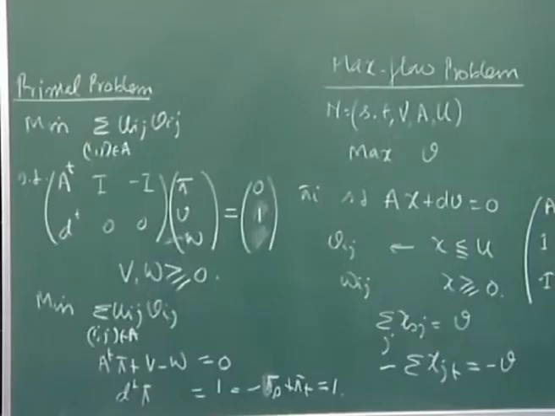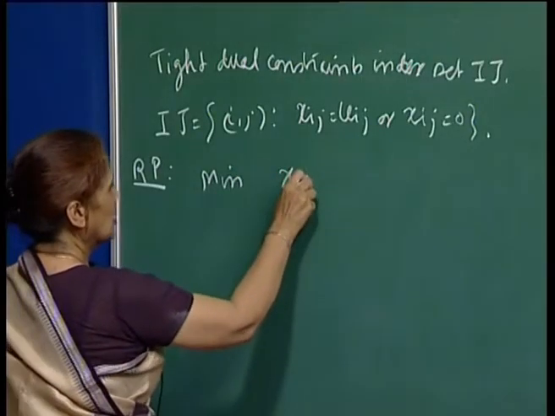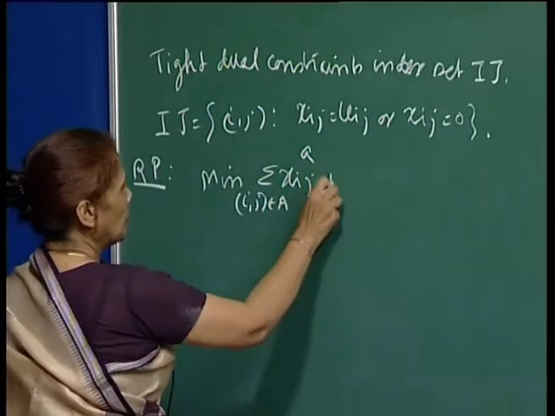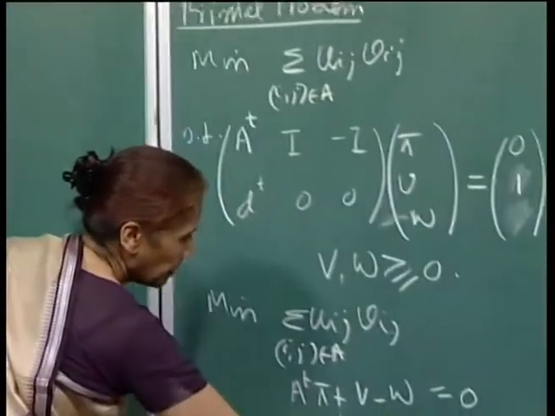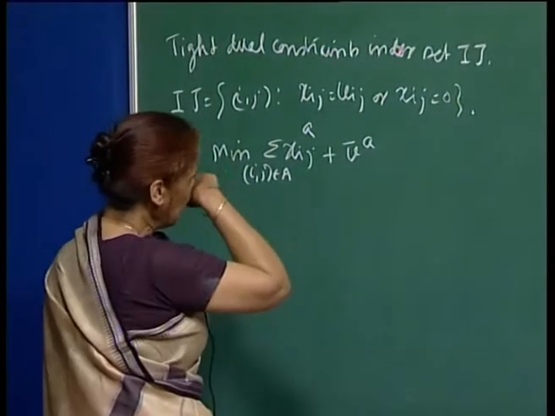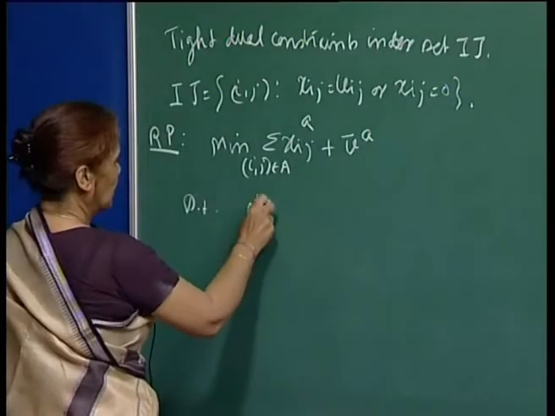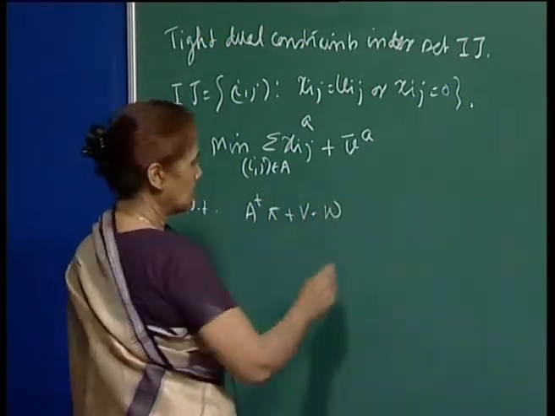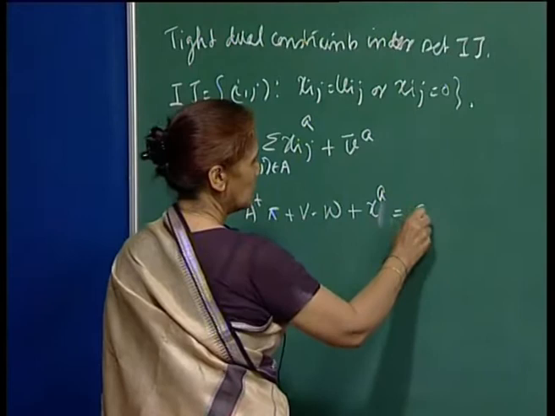So the restricted primal would be: minimize the summation over ij belonging to A of xij plus V bar A, the artificial variable corresponding to this constraint, subject to A transpose pi plus V minus W plus x A equal to 0.